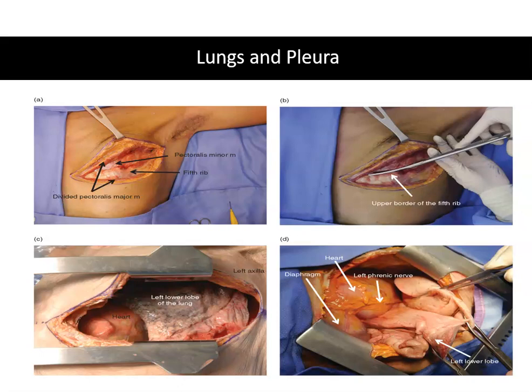All right, so starting on page 202, we have thoracostomy, O-S-T-O-M-Y, and thoracotomy. Big difference here. Ostomy means to create an artificial opening, whereas otomy means to make an incision.